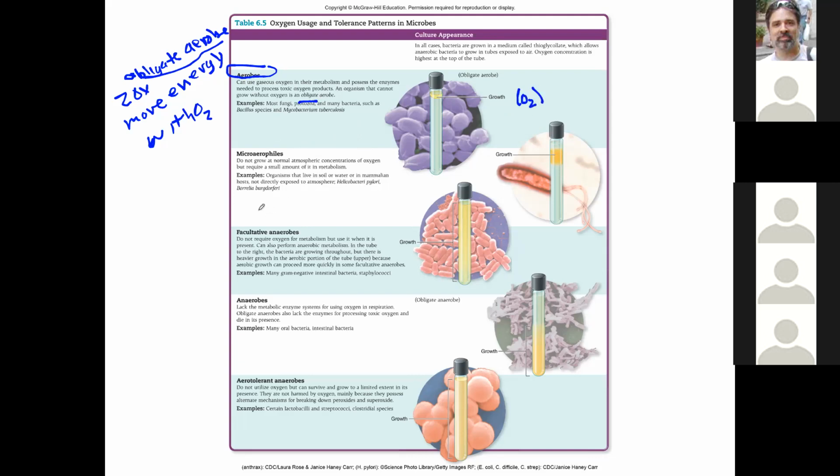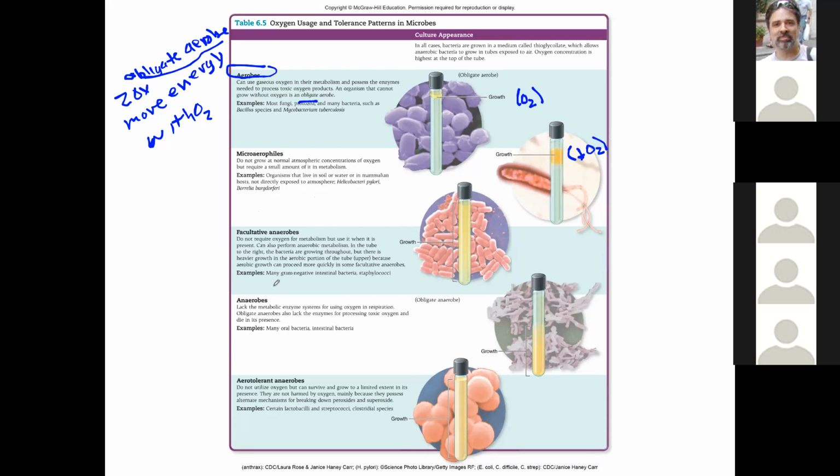A microaerophile doesn't grow at normal concentrations of oxygen in the atmosphere, but needs a little bit of oxygen. So this would be less oxygen. Oxygen's high at the top and gets lower as you go down.